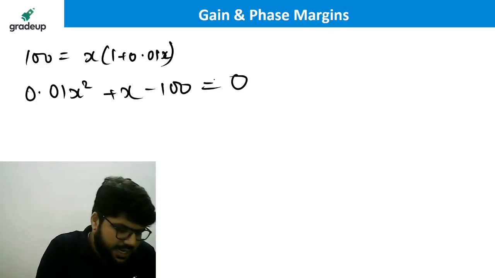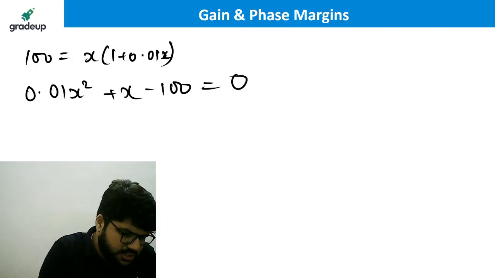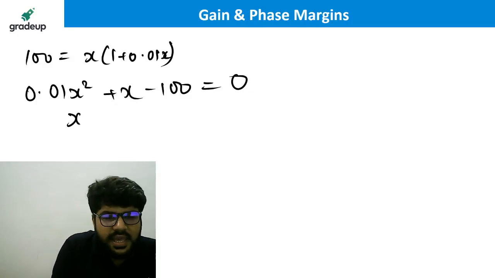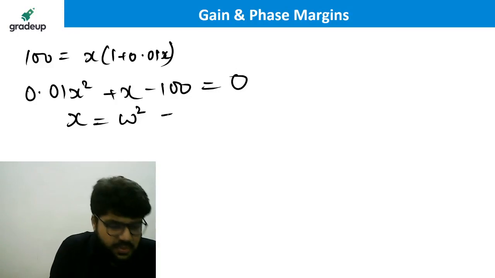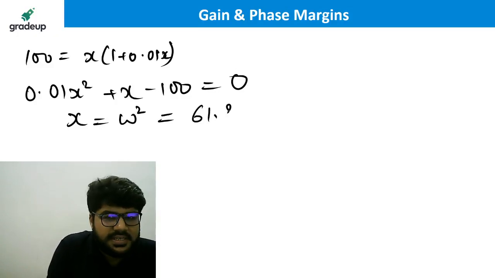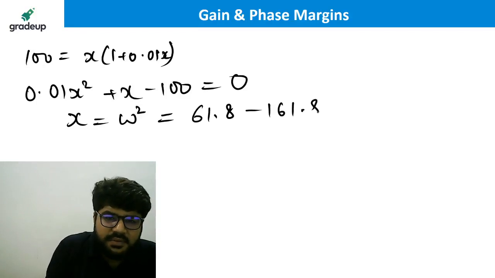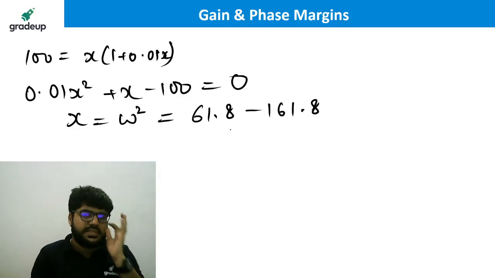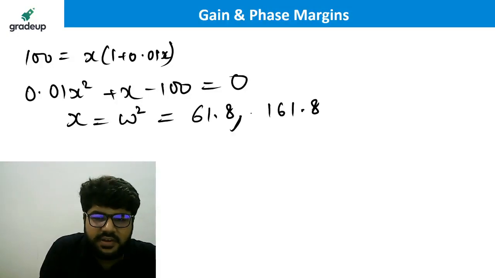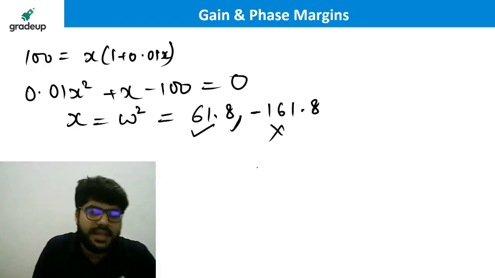Let me quickly give you the solutions right now. We can solve it by the formula as well. What are the values of x coming? X, which is omega square, one of them is coming as 61.8, the other one is coming as minus 161.8. Obviously, choose the positive one and discard the negative one because a square cannot be negative.